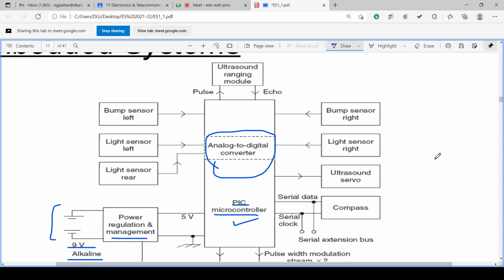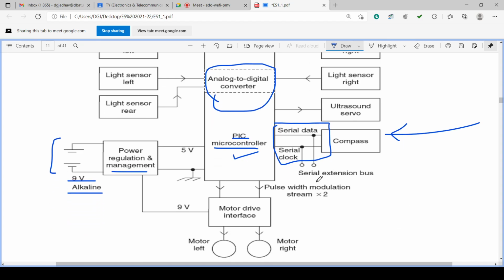Ultrasound servo is there. Then serial data and serial clock are also there as a part of the embedded system. The compass can also be interfaced. Then serial extension bus extensions can be drawn for connecting other devices.